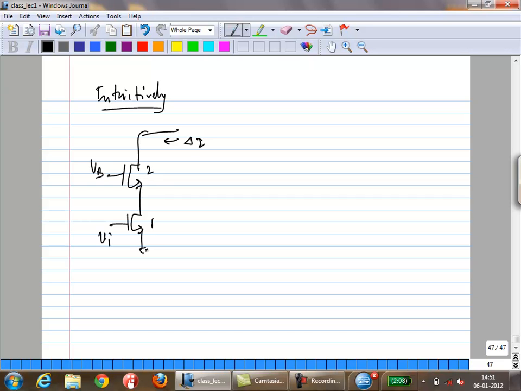What happens to this current? It flows through M2 and M1. It creates a delta V here, which is delta I times RDS1, right?